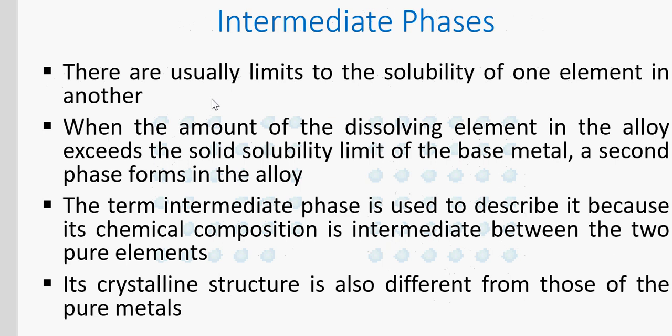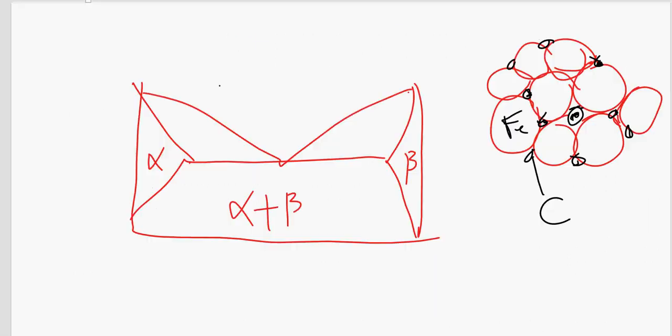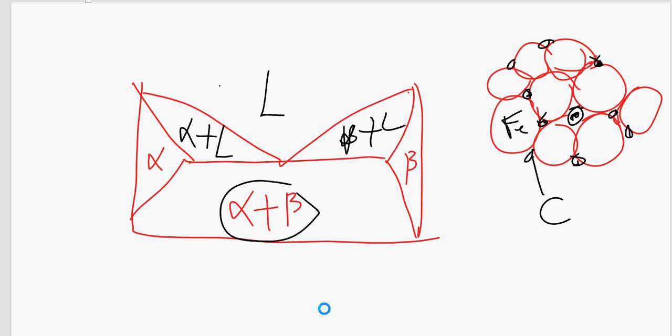So intermediate phase, we have a variety of types. There are usually limits to solubility of one element in the other. An example of intermediate phase is this, which I just drew. You can see alpha and beta; this is an example of intermediate, alpha plus beta. Here is the liquid region, so we have beta plus L, and here we have alpha plus L. So this is an intermediate because you have two different phases, alpha and beta, in this region.